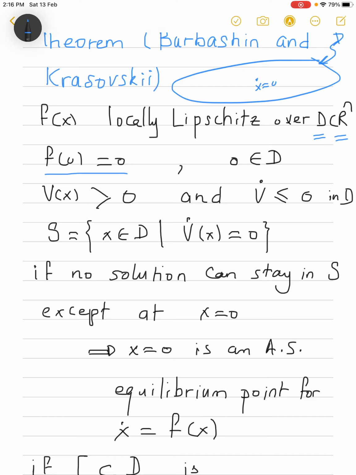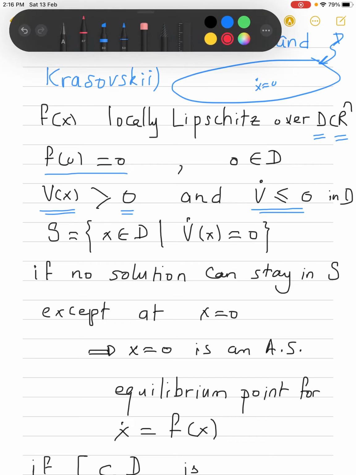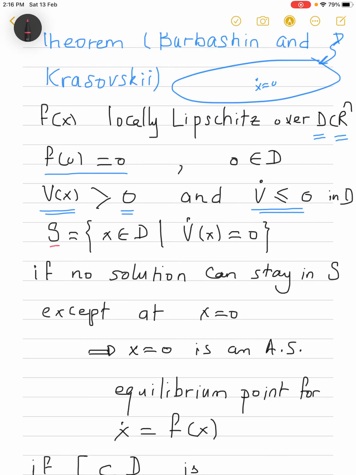And we define over the region D a positive definite function v of x. So this would be the candidate Lyapunov function, and we can show that within the domain D v dot is negative semi-definite, so v is actually a Lyapunov function. And we try to find a subset within the domain D. We call that subset S, where v dot equals 0. So here v dot will be equal to 0 within the red domain.